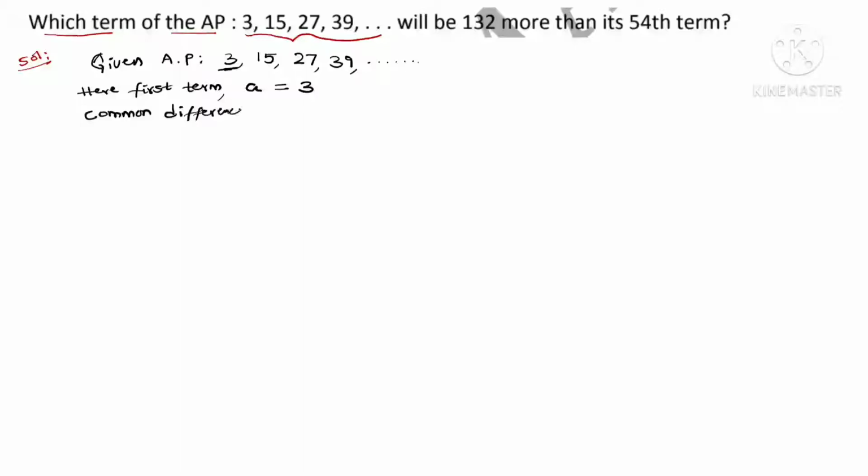Common difference D formula is A2 minus A1. A2 refers to the second term, which is 15, minus A1, the first term, that is 3. 15 minus 3 equals 12. So D value is 12.